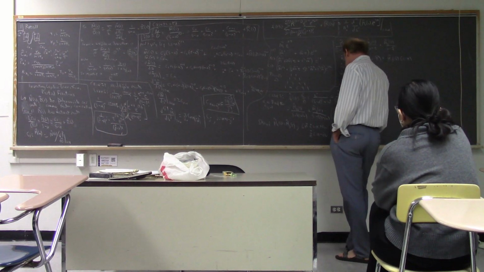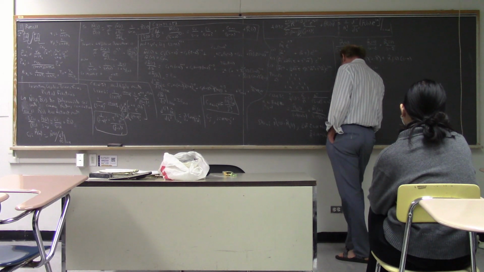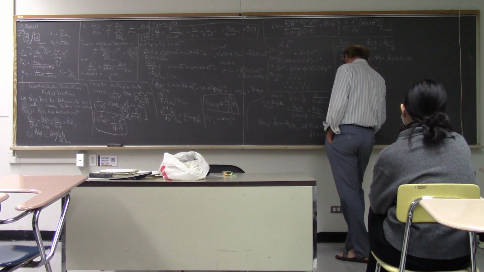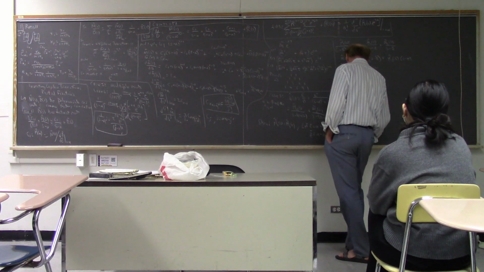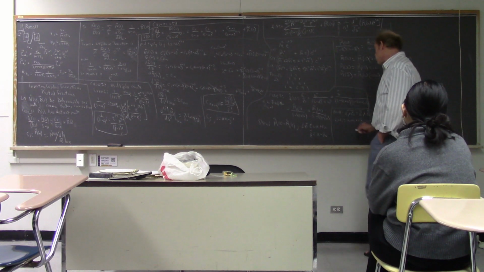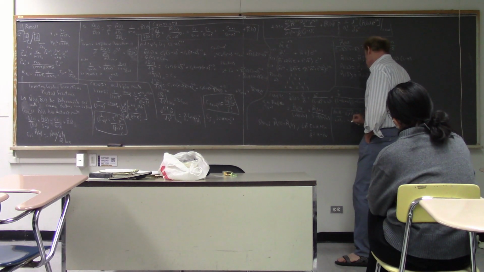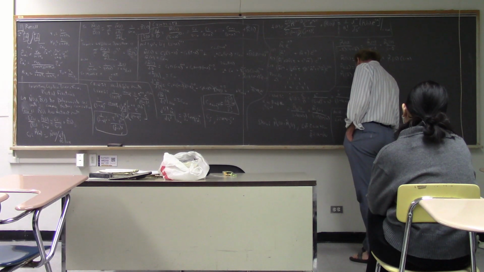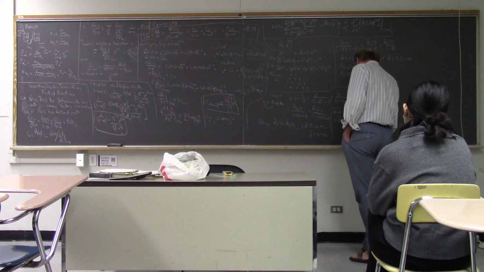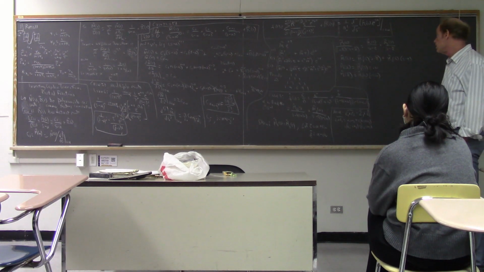Well, Z1 plus Z2 is alpha 1 plus alpha 2 plus i times omega 1 plus omega 2. And when I take the bar of this, I just flip this to a minus sign. And this is just equal to alpha 1 minus i omega 1 plus alpha 2 minus i omega 2.